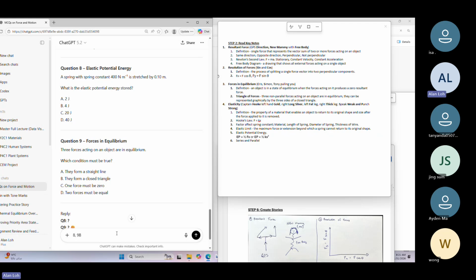Sydney, you can also answer number 8 if you have the answer. Anyone? Yenta, Jingsam, just try. We already have the drawer. Question 8, drawer number 4.